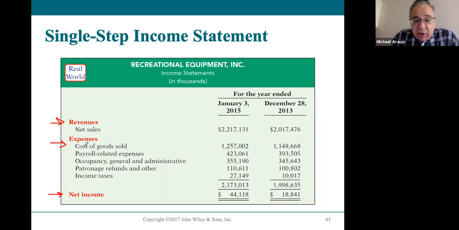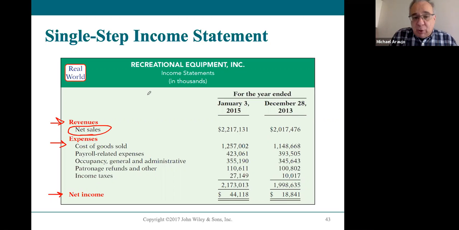A couple of things that you might note that are different. Number one is that revenue is called net sales. You need to know what net sales are, right? That's all the sales revenue minus the sales returns and allowances, minus the sales discounts, if any. So that's your net sales.